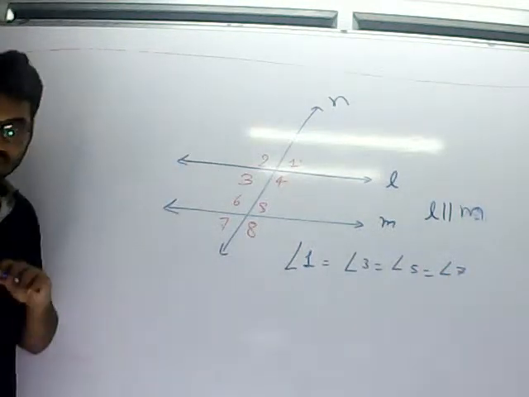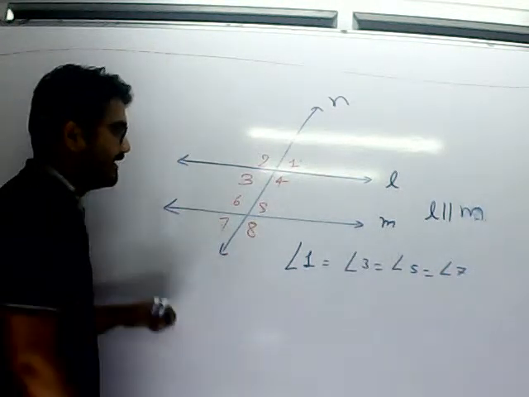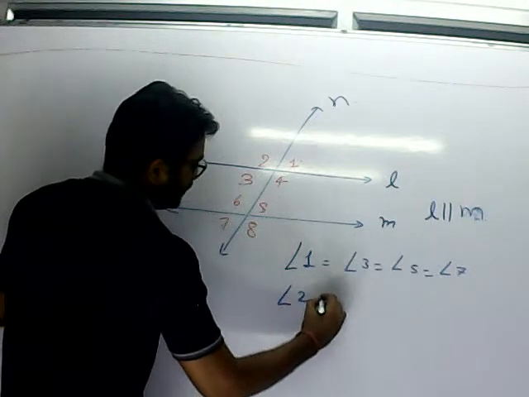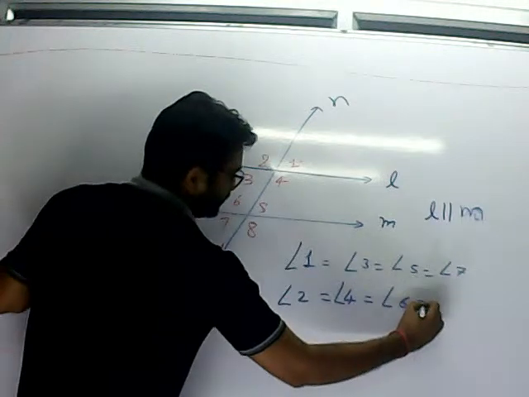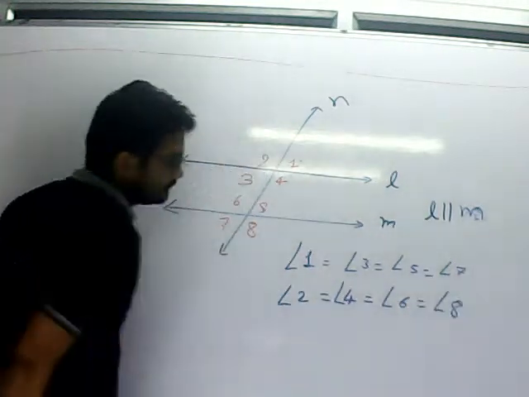Okay? Then next what will be there? Next will be angle 2 is equal to angle 4 is equal to angle 6 is equal to angle 8.